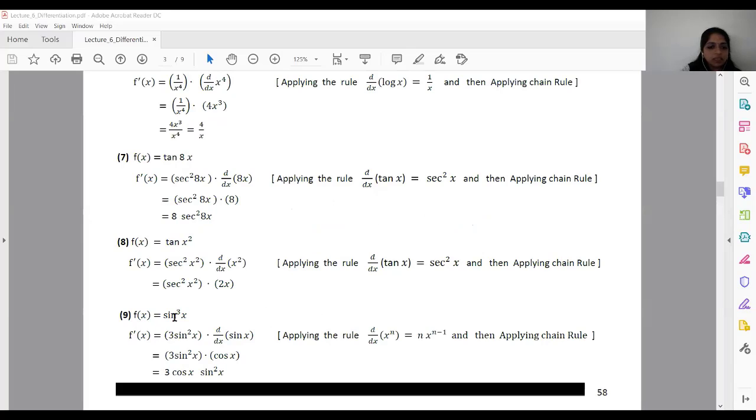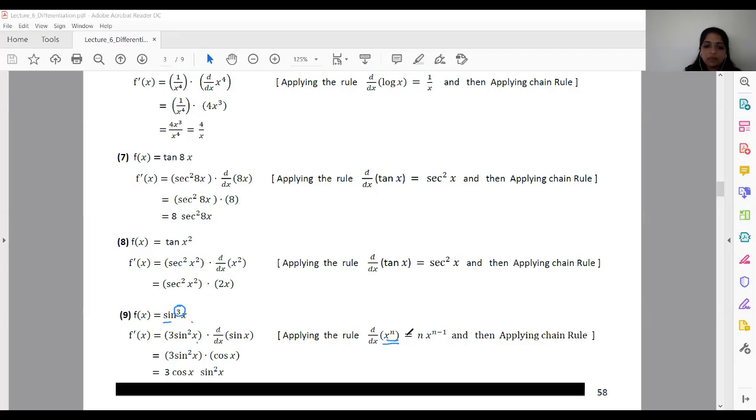Sin x cube. Sorry, sine cube x, that is not sine x cube, this is sine cube x. As I told you, this is the power of the function. So first we have to apply x raised to n rule. So 3 sine square x, and our original function is sine x.